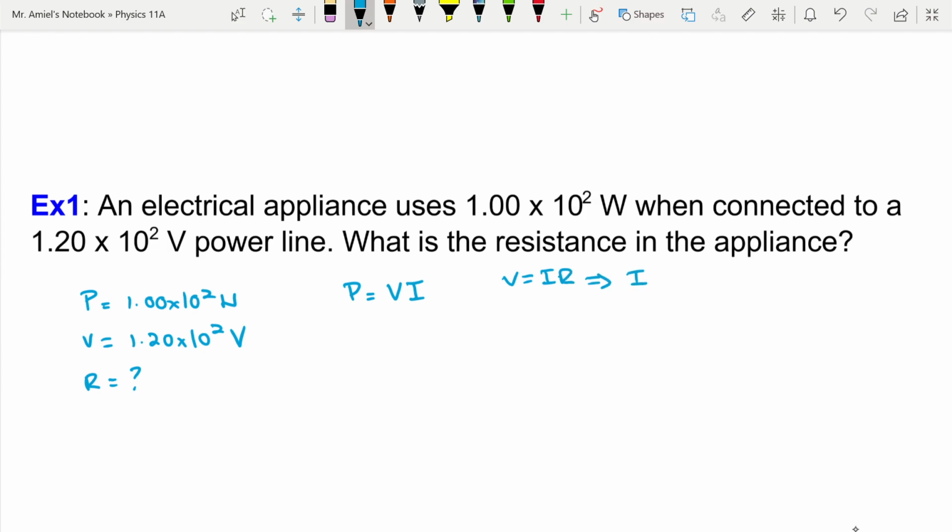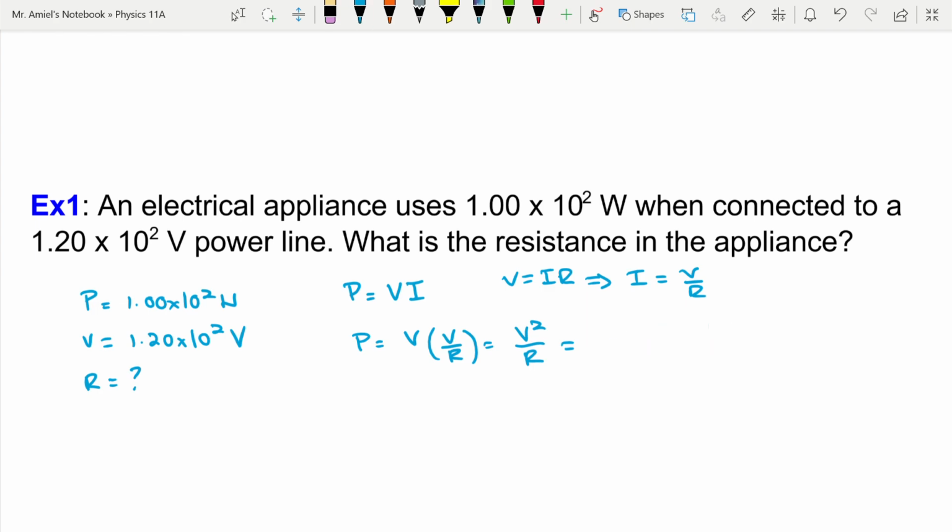And we say, well, we'll make up an expression for current, which is going to be the voltage over the resistance. We can plug that in for I in the equation. V squared over R. So now we can say we've got 1.20 times 10 to the 2 volts all over top of, oh, sorry, before we do this, we're looking for that resistance.